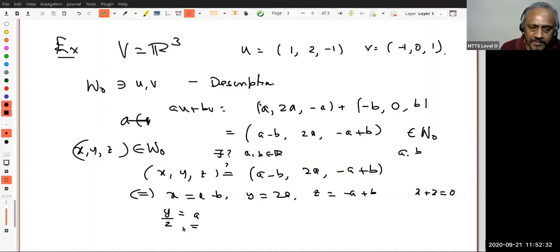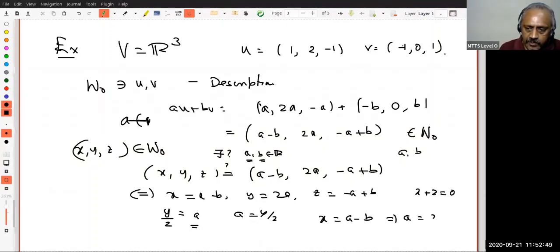Do you understand what we are doing? I have to solve for unknowns a and b. I already found a is y by 2. Now I have to find b. I can go back to this. This is x equal to a minus b.